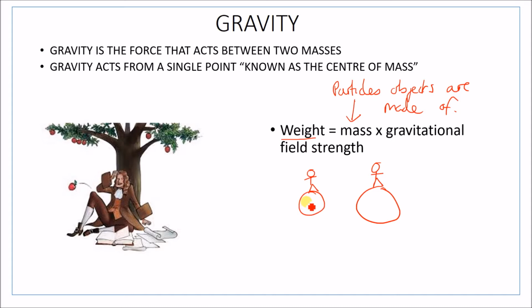It's about 6 times less than it is on the Earth. So you would weigh 6 times less on the moon than you would on the Earth. The reason for that is because your mass would always be constant, because you are still made of the same particles, but the gravity is 6 times less. So if gravity is 6 times less, you would weigh 6 times less on the moon.